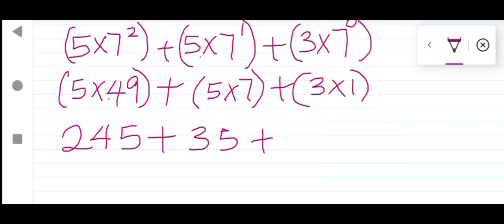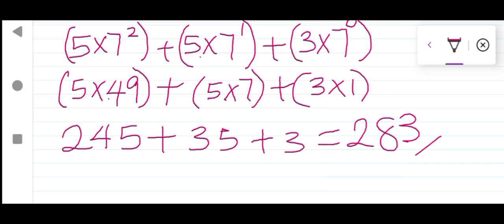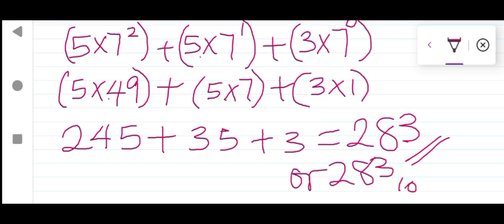And we observe that's 3, of course. So having all these numbers together, we are having 283, and of course our conversion is in base 10. So you can simply leave this answer this way, or you write it as 283 and base 10. Any of this is very correct.